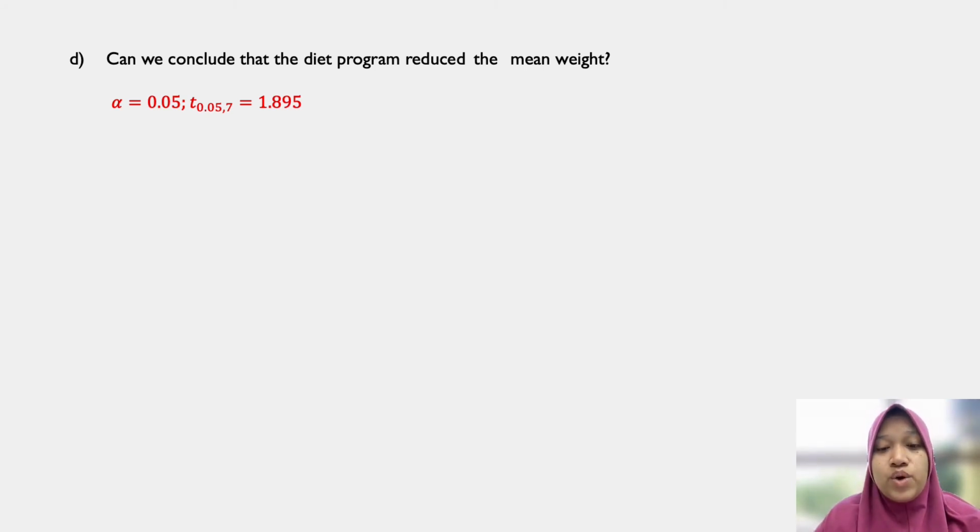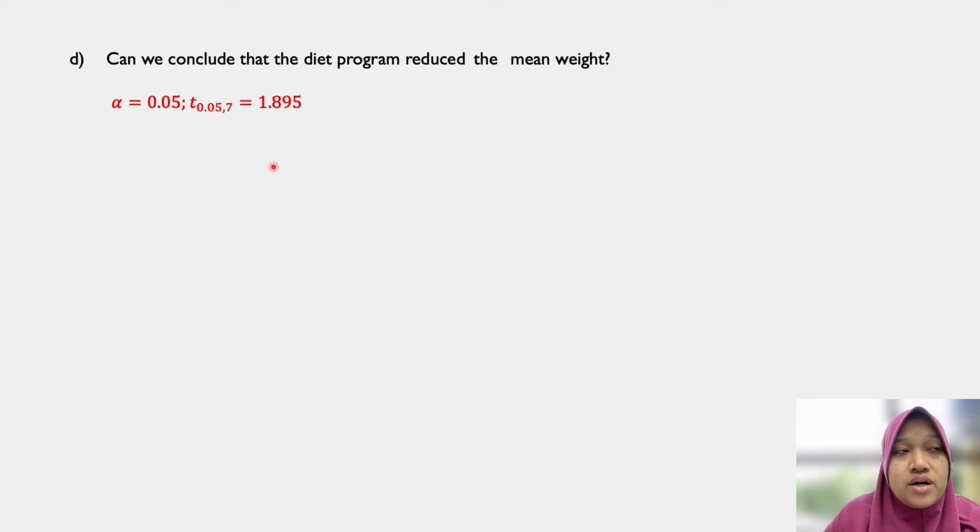If the question asks you to use the p-value approach, then you have to use it. If the question does not mention which method, you are free to use either comparing the test statistic and the critical value, or comparing the p-value and alpha. So here I will show you both methods.